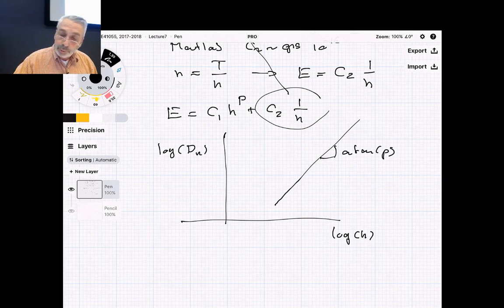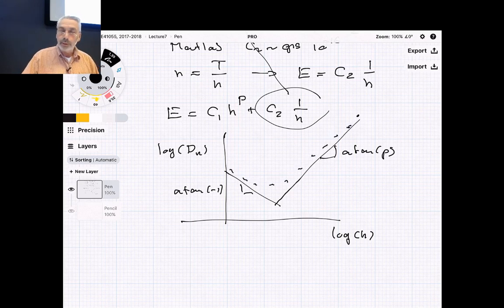Because C2 is a very small number, this only kicks in somewhere here, and here we have a line at 45 degrees, right? So arctangent minus 1. And then if you plot your results, it's the sum of these two, so you are on this line, and then the other one kicks in. That is approximately what you would see in practice.